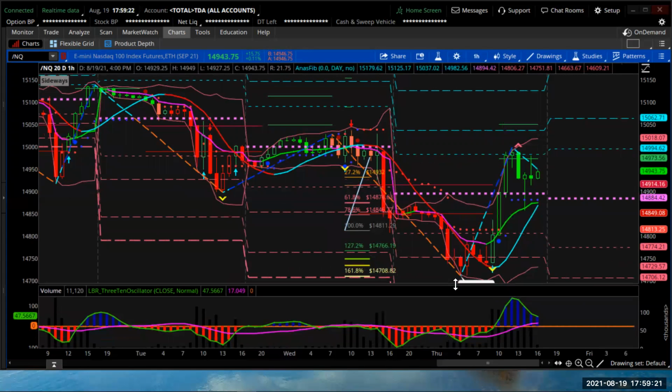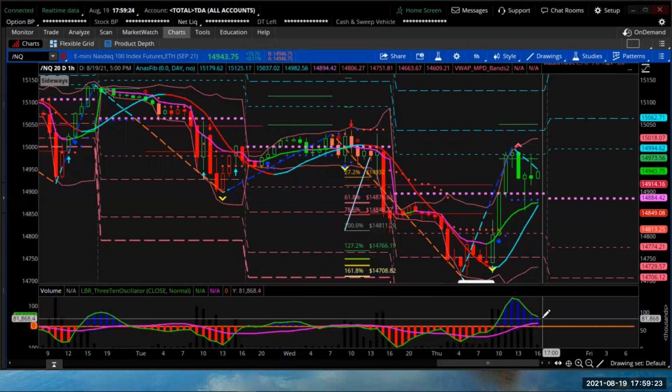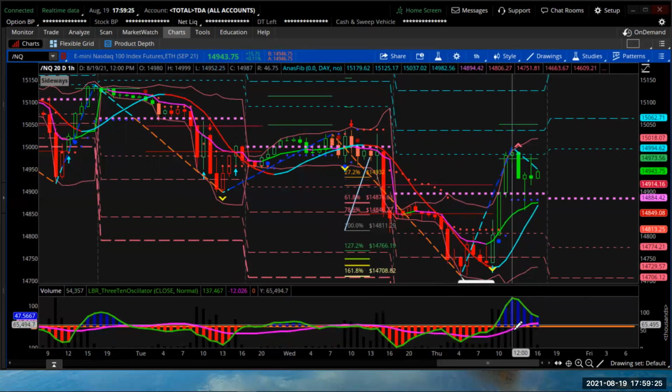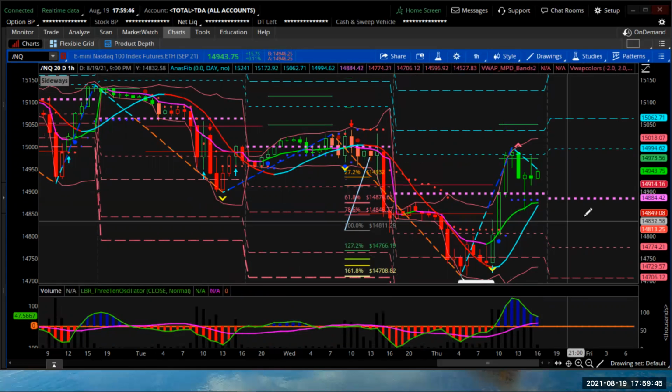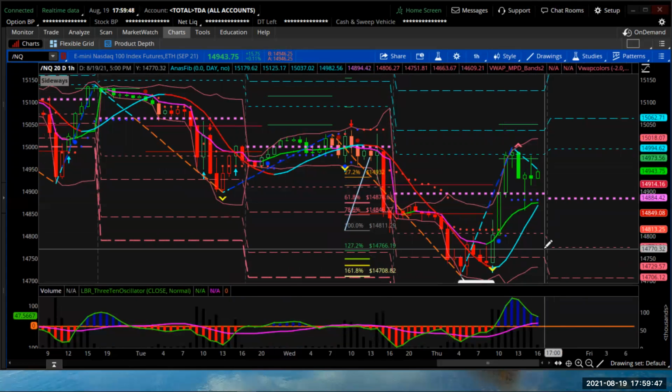So hourly looks good. I wouldn't short at any time within that. If the fast line is above the zero, I wouldn't short it. I would definitely try to stay long on the pullback here.